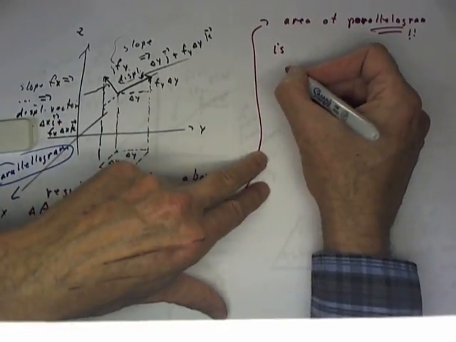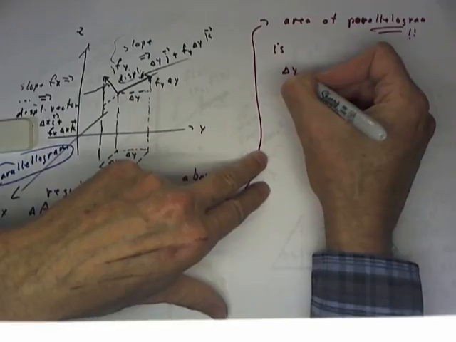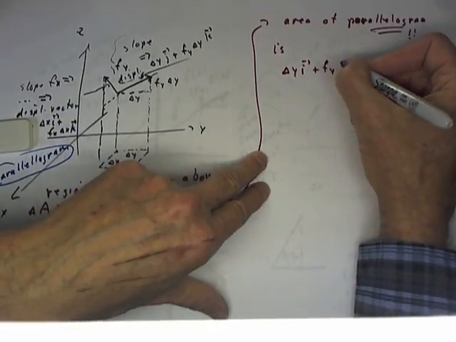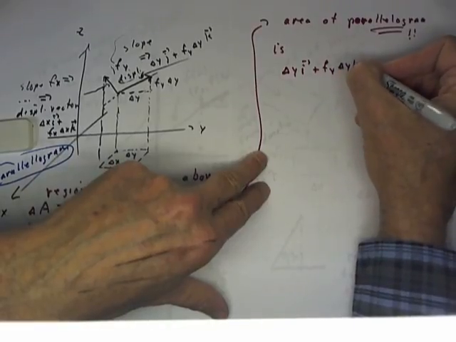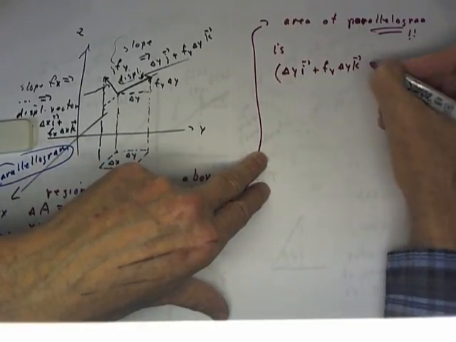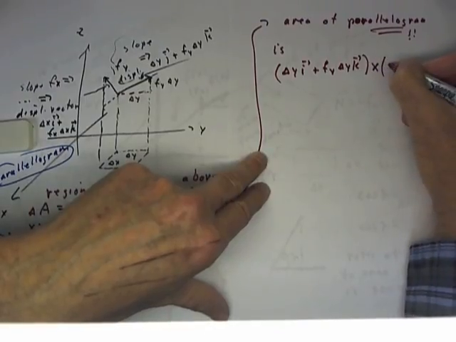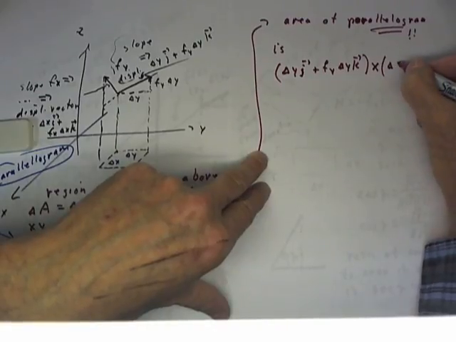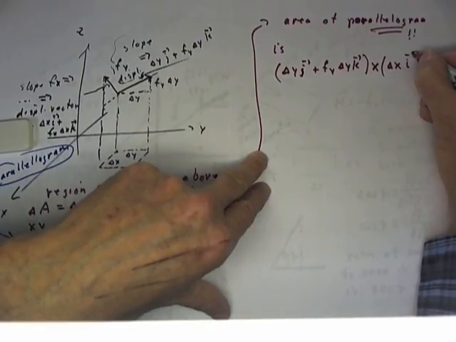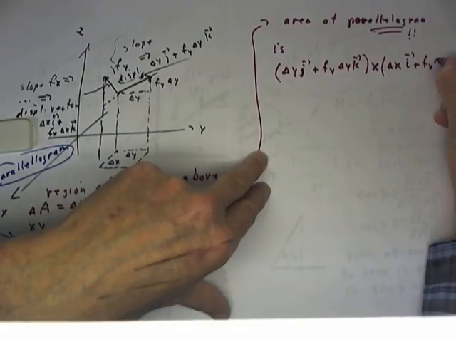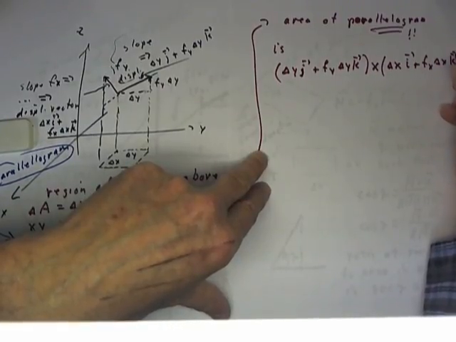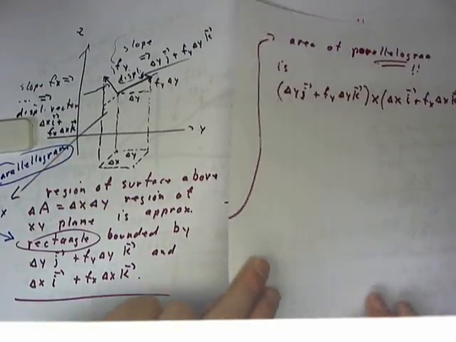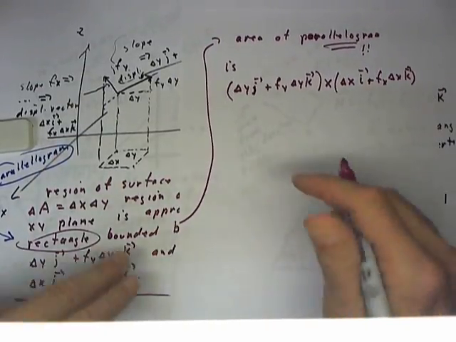The vectors are delta y j plus Fy delta y k, cross delta x i plus Fx delta x k.